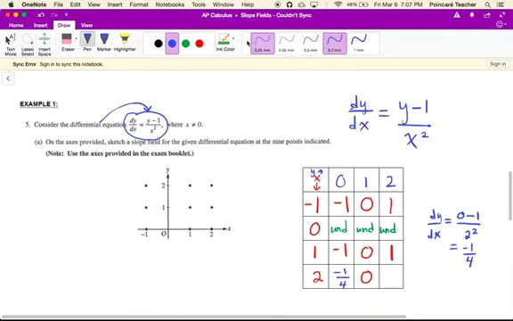Okay, and then similarly for the point 2, 2, to fill in this value, that's when x is 2 and y is 2. So dy/dx equals, my y is 2, 2 minus 1 over my x squared, which is 2 squared, which equals 1/4.